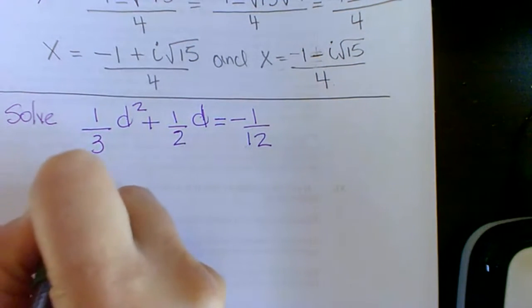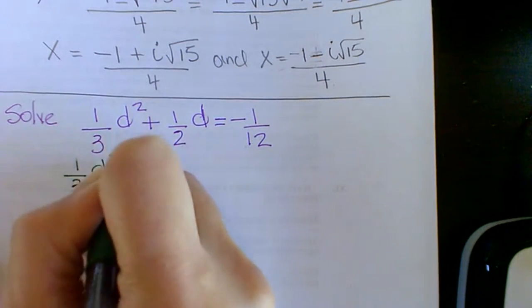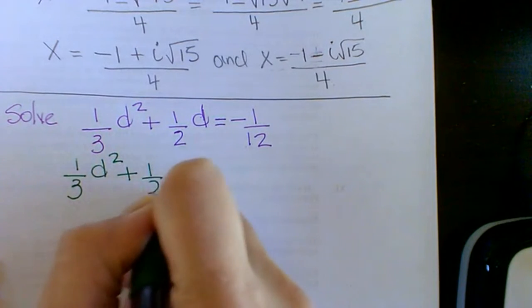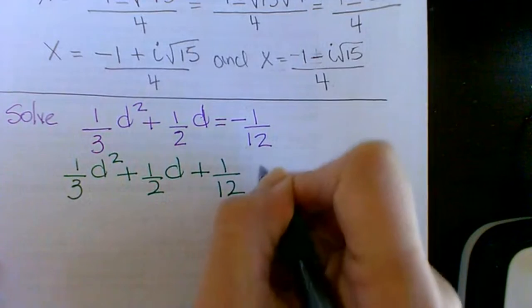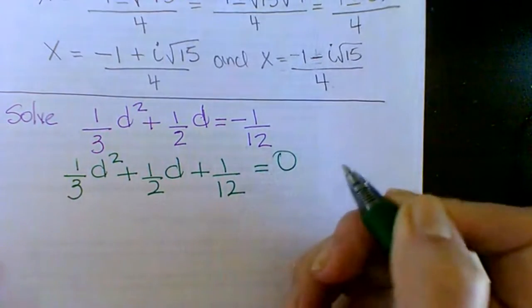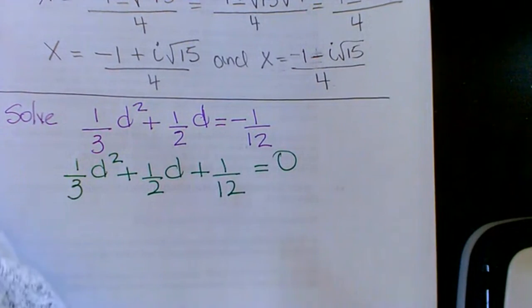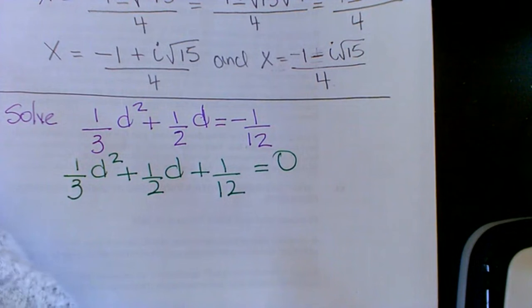So I have 1/3 d squared plus 1/2 d plus 1/12. All right. Now, what do you guys think I need to do here? I want to clear the fraction.